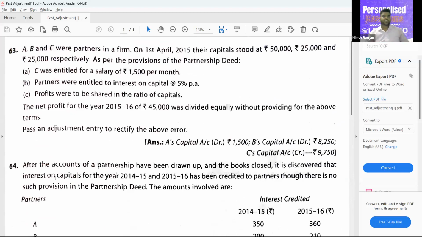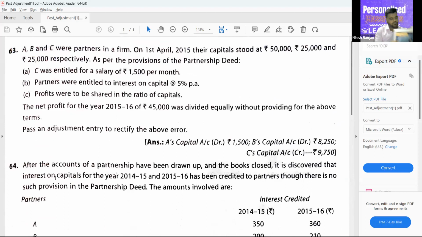Yes, question number 63. Should I read? Yes. A, B, and C were partners in a firm. On 1st April 2015, their capitals stood at rupees 50,000, rupees 25,000, and rupees 25,000 respectively.